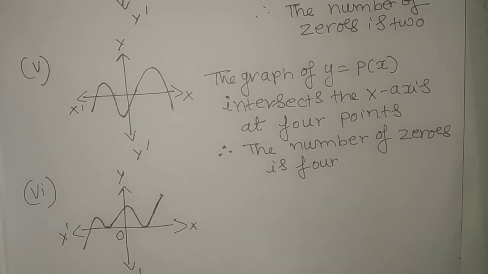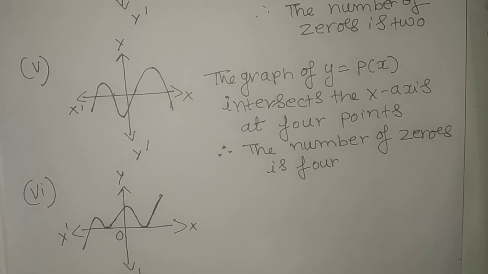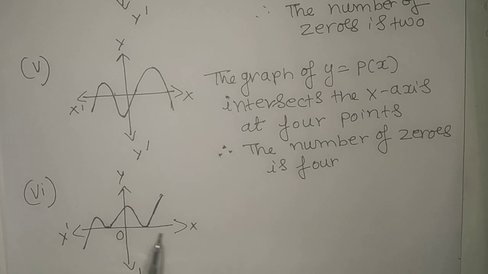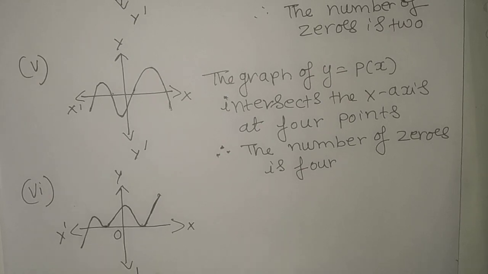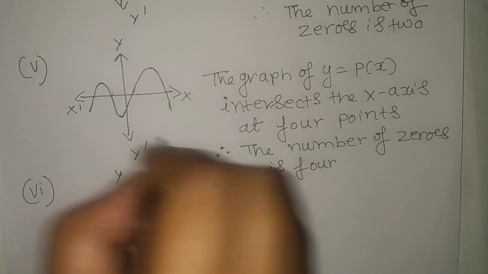So we'll see the graph. How many points are there? 3 points. 1, 2 and 3. See here, this one, 1, 2 and 3.